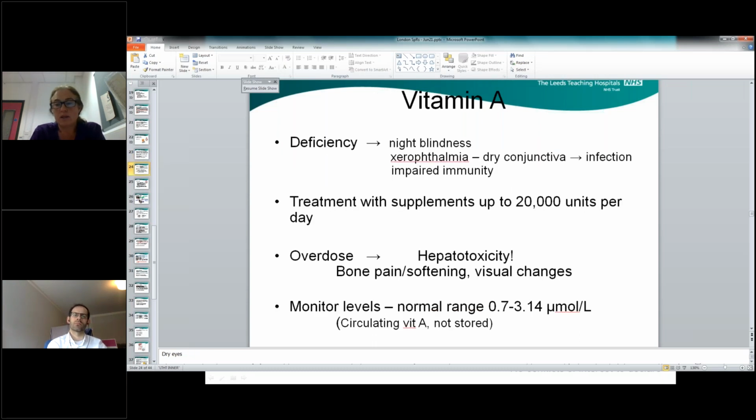So I'll whiz through these because I'm a bit aware of the time, but vitamin A, main problems are night blindness or other eye problems, but it also can impair immunity if you're deficient.